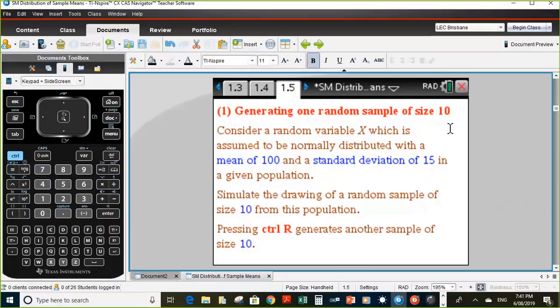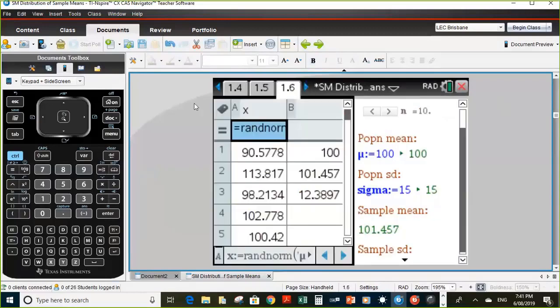Now, the last comment on this notes page is that in a spreadsheet, which you're going to see on the next page, pressing Control R generates another sample of size 10. So Control R stands for recalculate. It could also be thought of as refresh, and it just offers another calculation, or in this instance, another random sample of size 10.